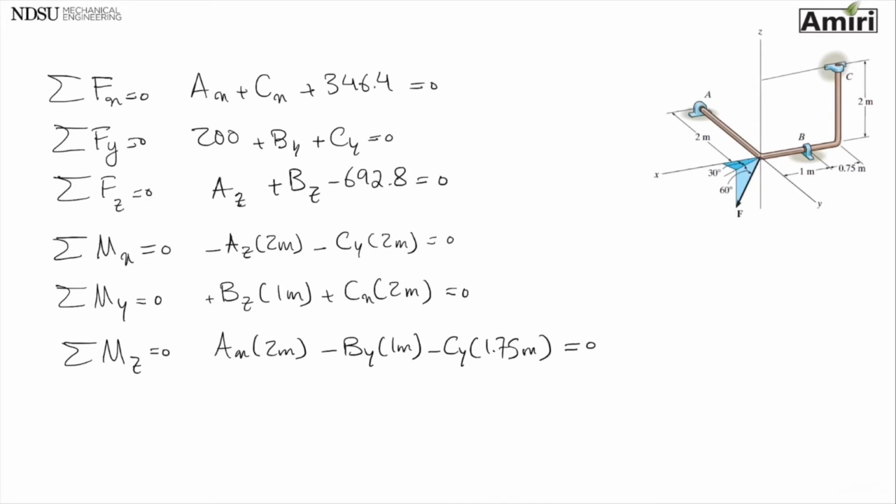So any method of solving these equations you want to use, it's totally fine. It's usually better if you start with an equation like this one. Find CY being minus 200 minus BY. So go ahead and anywhere that you find CY, go replace it by that.